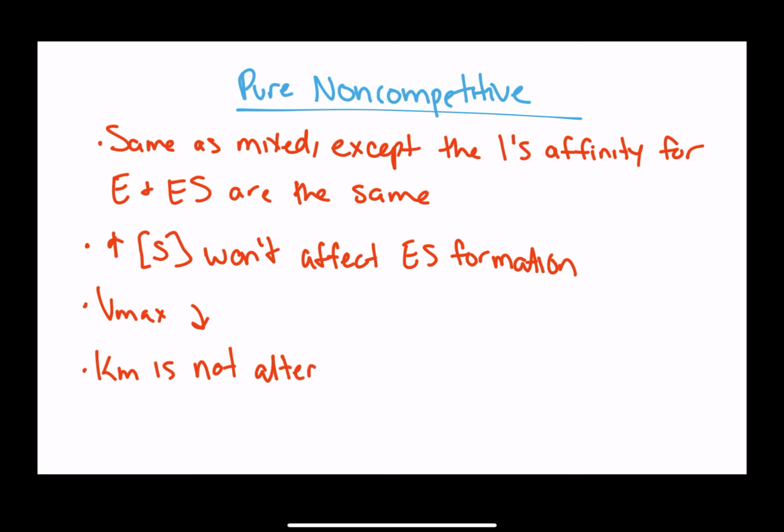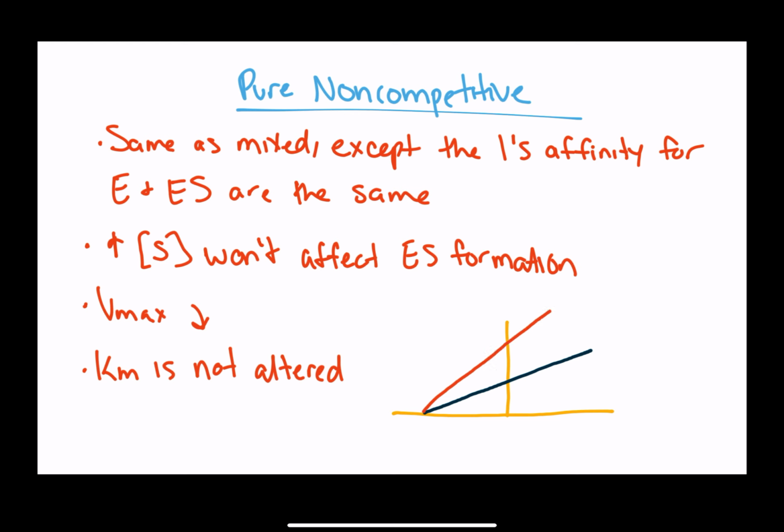And so because there is less enzyme available to react, Vmax decreases, but Km is not altered because all of the active copies of the enzyme still have the same affinity.